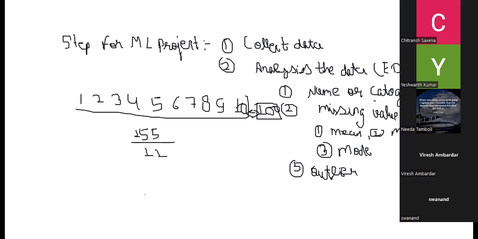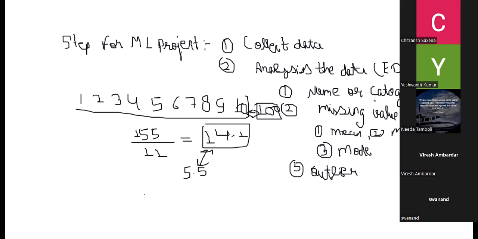So my answer will be 4 point something, 4.1 something. And previously my mean was 5.5. So you can see the difference between this mean. If outliers are present in my data, then you can see the difference.